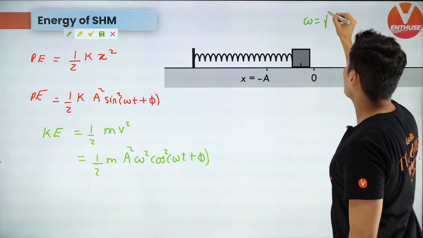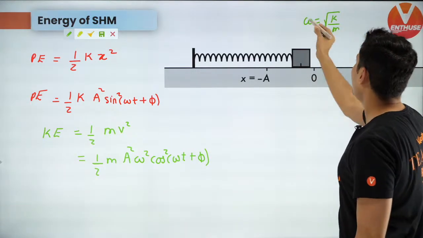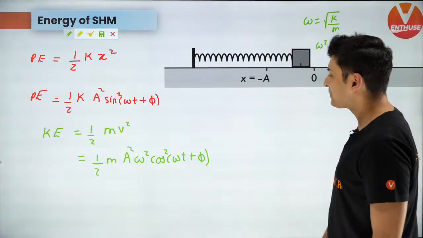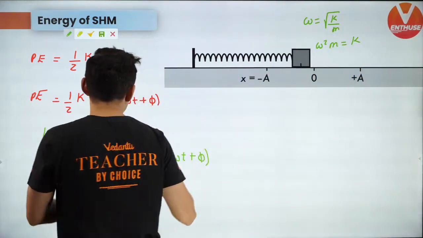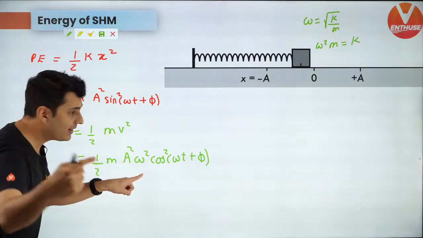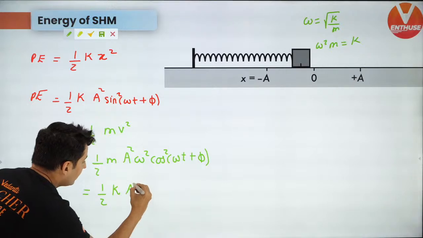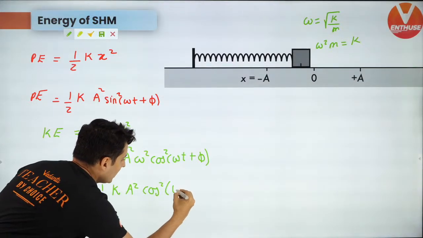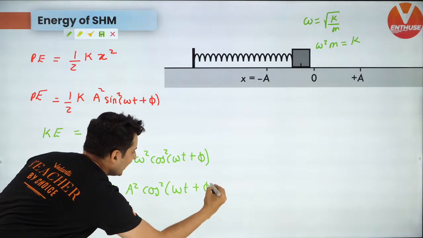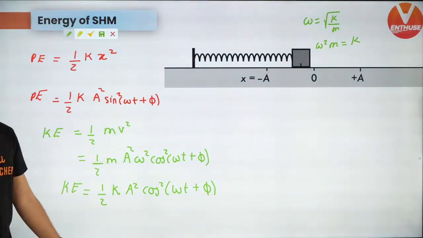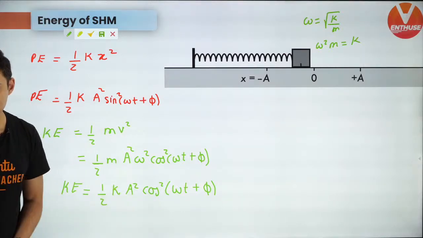Remember, omega was root k by m. Square it, so you get omega square m is equal to k. So you have m here and omega square here, and you can write it as half k a square cos square(omega t plus phi). So this is nothing but kinetic energy.